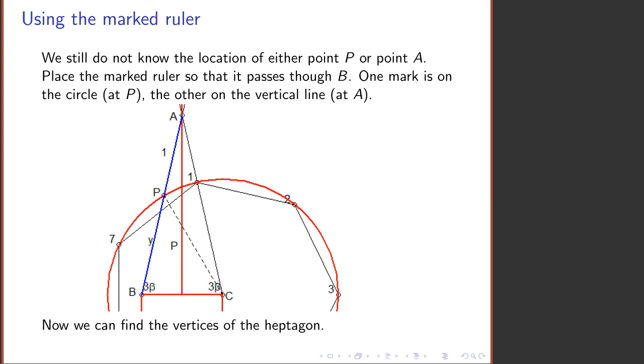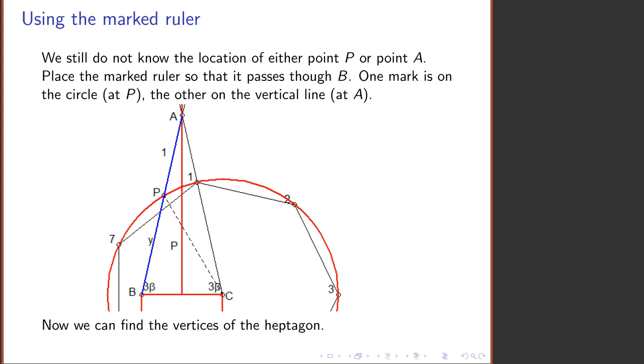I place the marked ruler so that it passes through point B. It cuts through the circle and it intersects the perpendicular bisector, and I place the marks so that one mark is at A on the perpendicular bisector, the other one is at P on the circle.